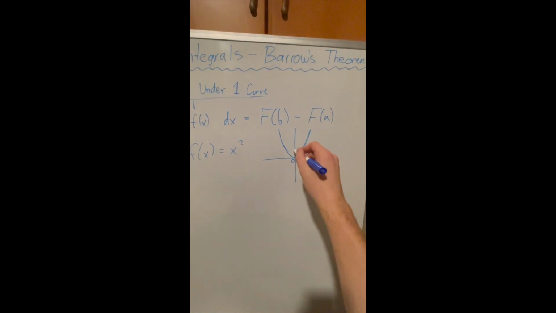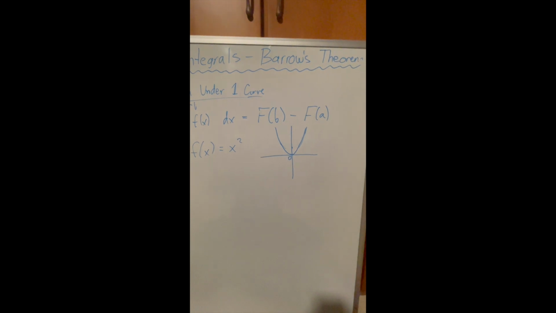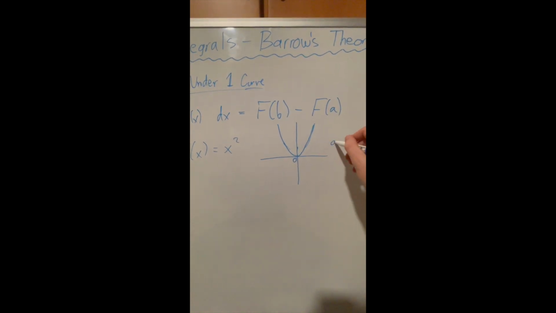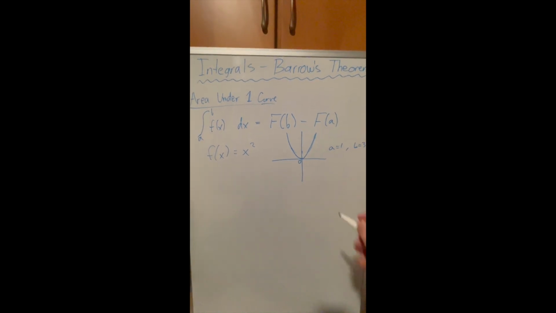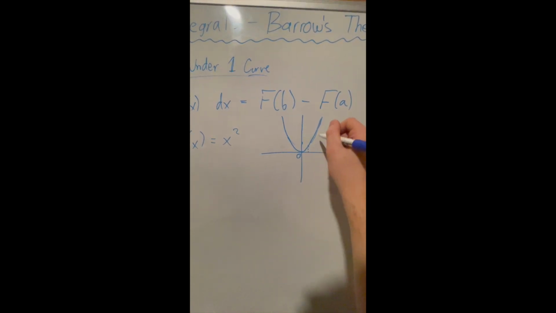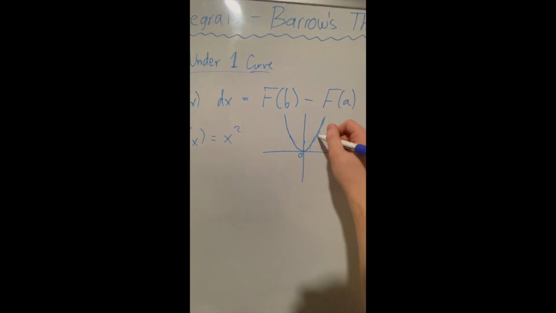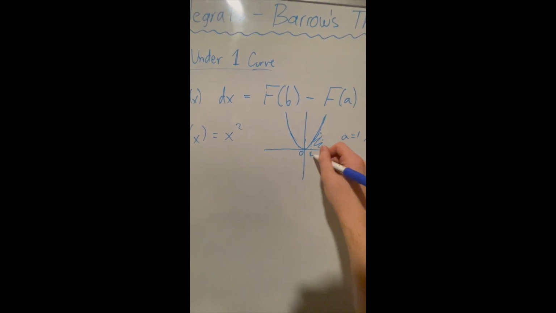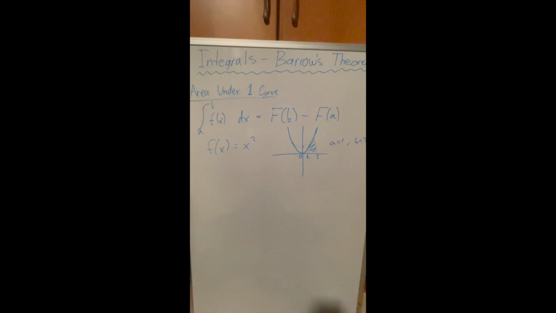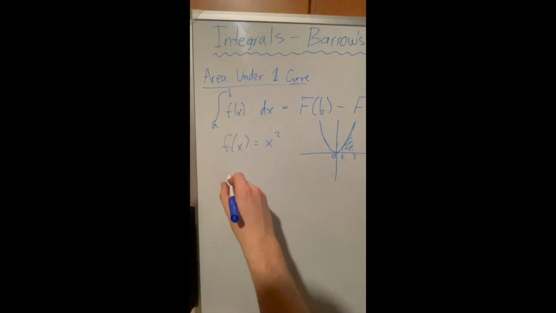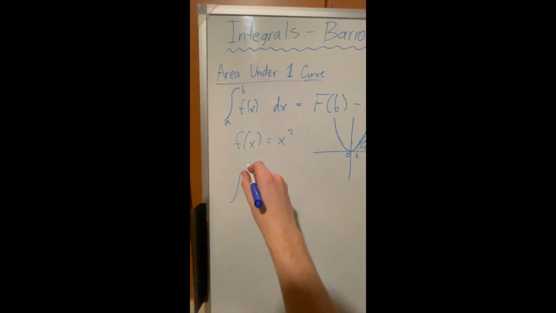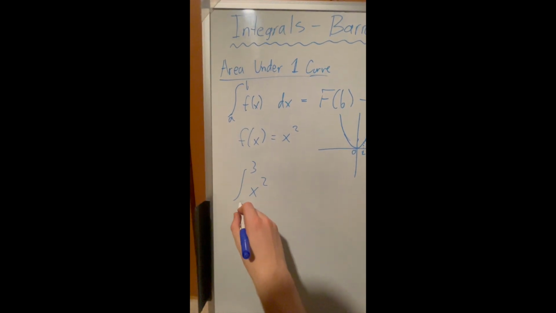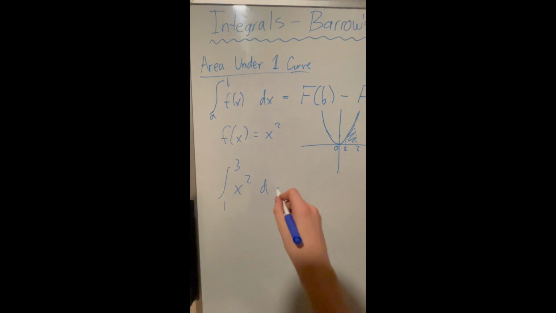So we want to find, between the lower bound of 1, so a equals 1, and the upper bound of 3, basically this area from 1 to 3. And we just apply our formula: the integral of x squared, upper bound 3, lower bound 1, dx.